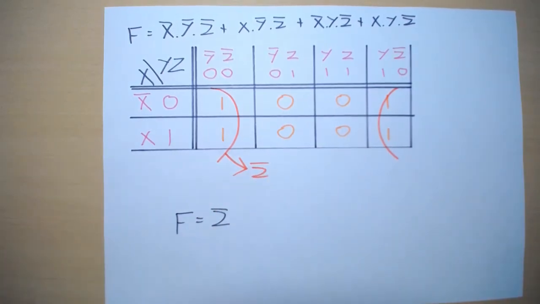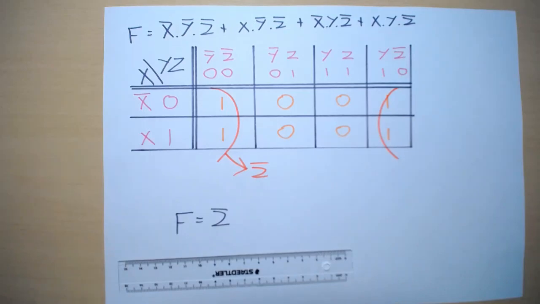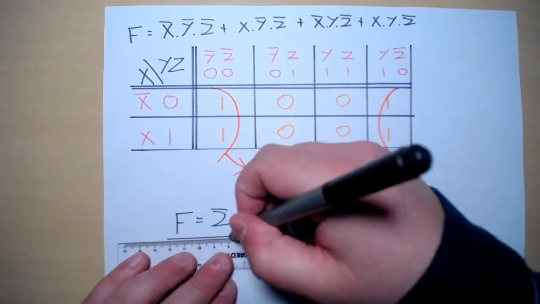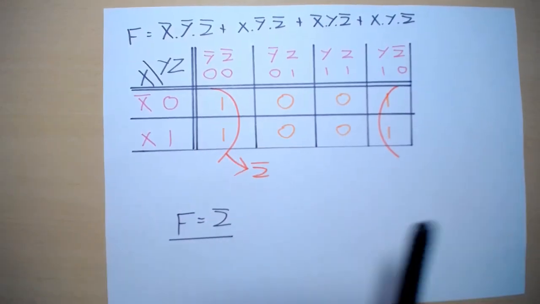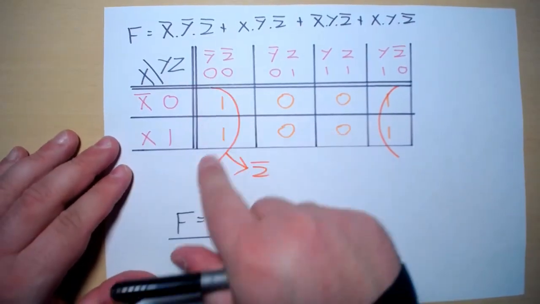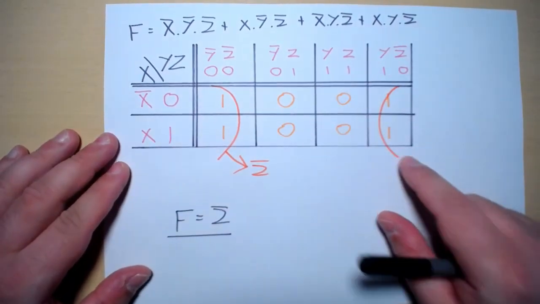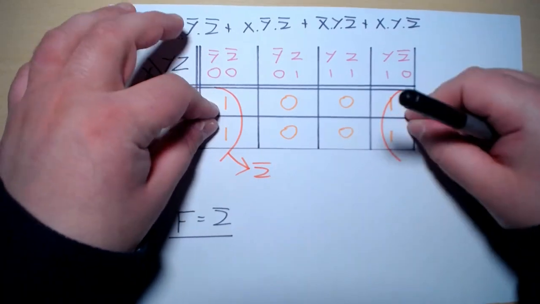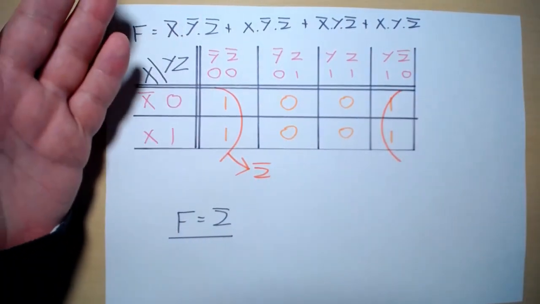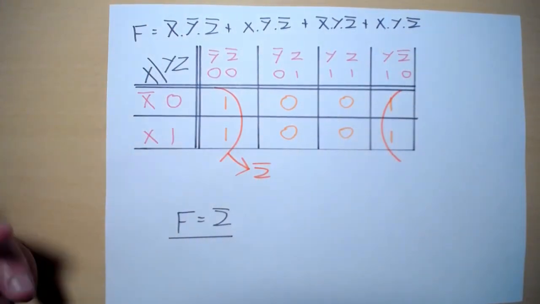Now, you might ask, what will happen if instead of choosing one group of 4, you choose 2 separate groups with 2 terms?